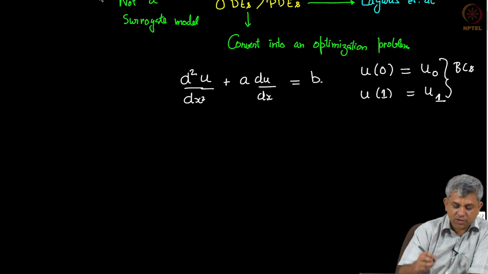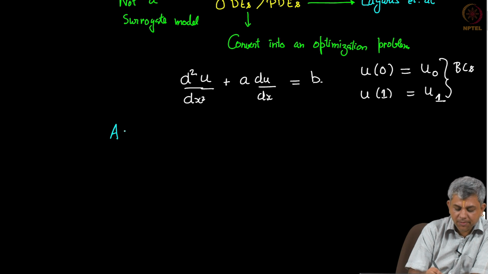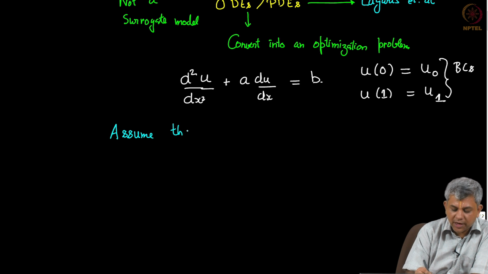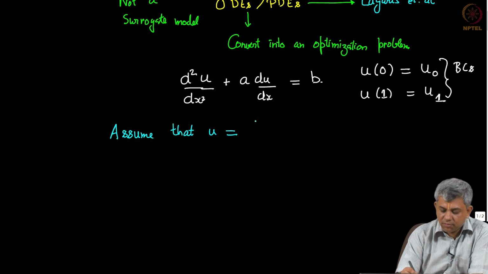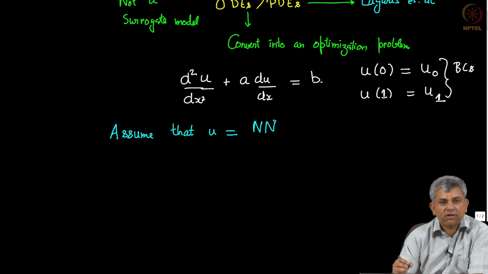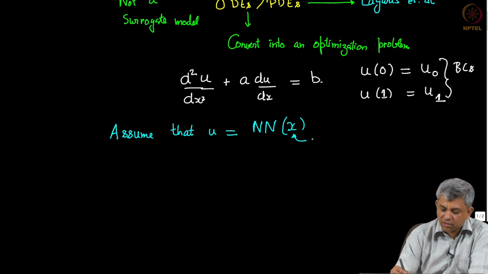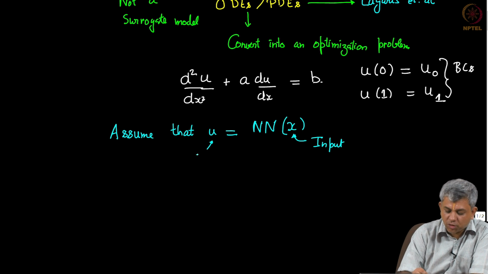It is as follows. We assume that U is some neural network that takes in X as input and gives U as output.